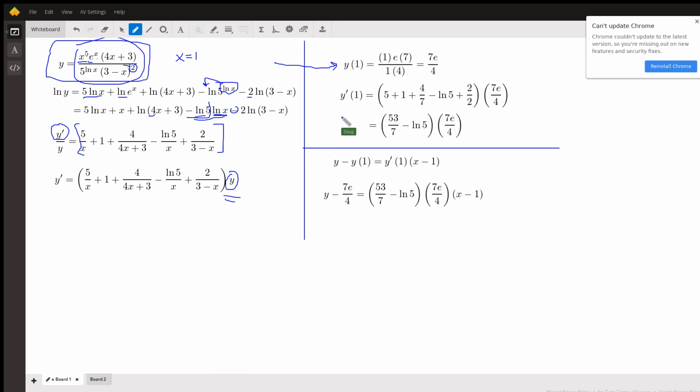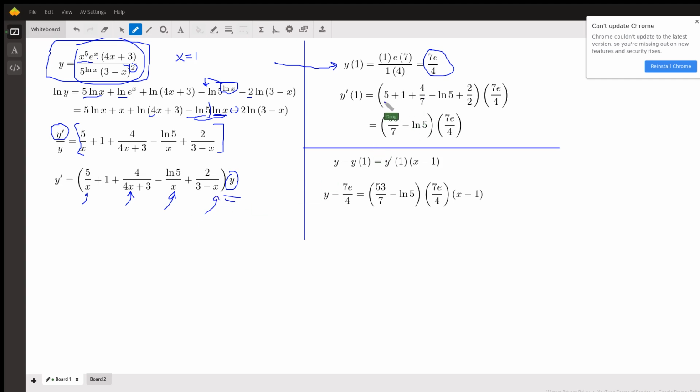Now, to find the equation of the tangent line, we need to, first of all, find the y coordinate of the function when x equals 1. We just put 1 in wherever there's an x, and there's what it simplifies to. To find y prime, I'm putting 1 in wherever there's an x in this expression for the derivative.